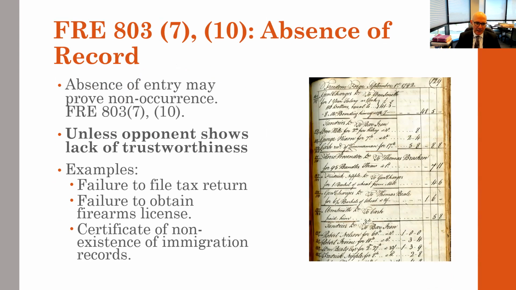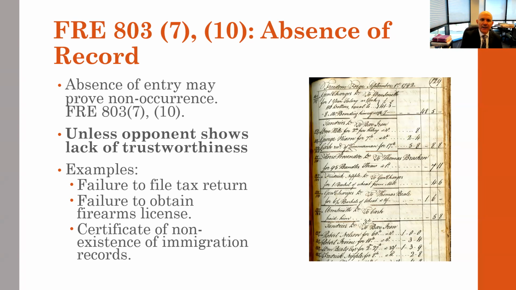Of course, absence of a record is another thing that the prosecution often tries to use, in trying to show such things as failure to file a tax report in tax evasion cases, or failure to obtain a firearms license in cases of improper dealing in firearms, etc. One of the things that we can always try is the objection of hearsay. The prosecutor responds, well, but this comes under absence of the record.